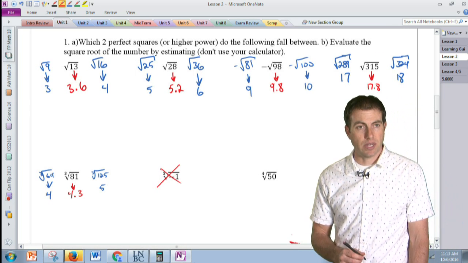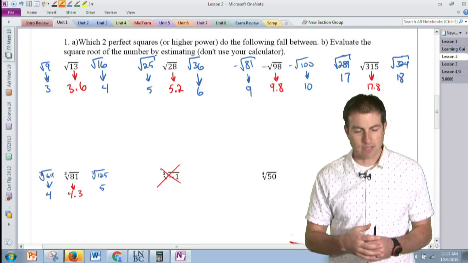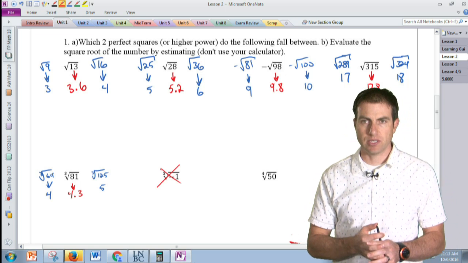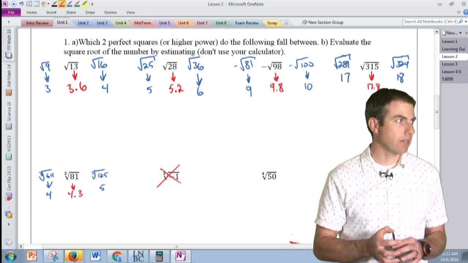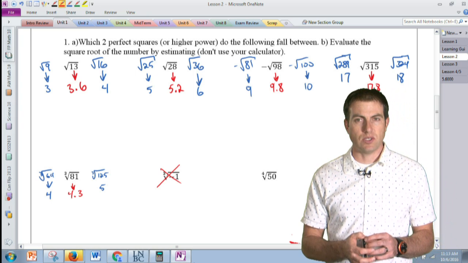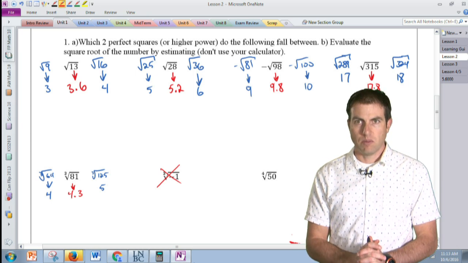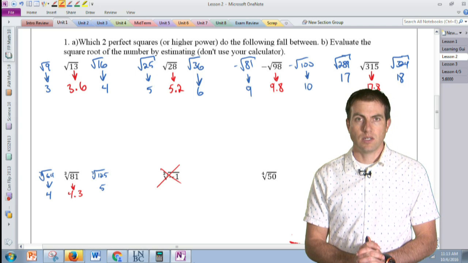See if you can come up with an estimation for the fourth root of 50. Estimates. They don't have to be perfect. As close as you can get. And then the cube root of -72, that one's even trickier. If you can figure that one out, that'd be good. But we're just estimating. There's no right answer.